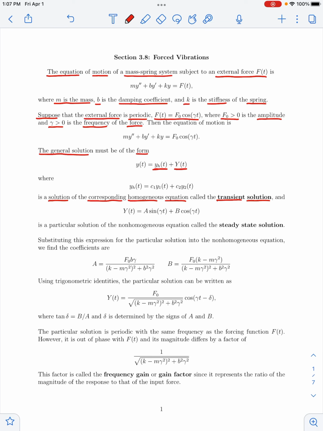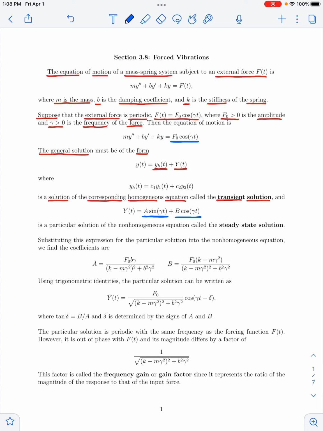And our particular solution, Y(t), could be determined by using, say, the method of undetermined coefficients. We see that our forcing function, F(t), on the right-hand side, is some constant times cos(γt). So for our particular solution, we could consider something of the form A sin(γt) + B cos(γt).